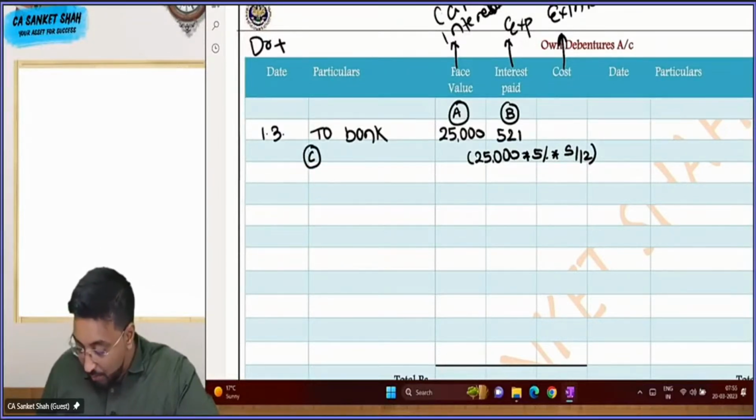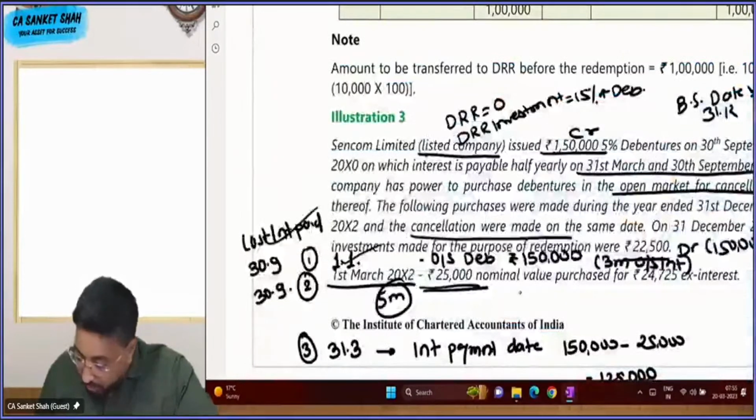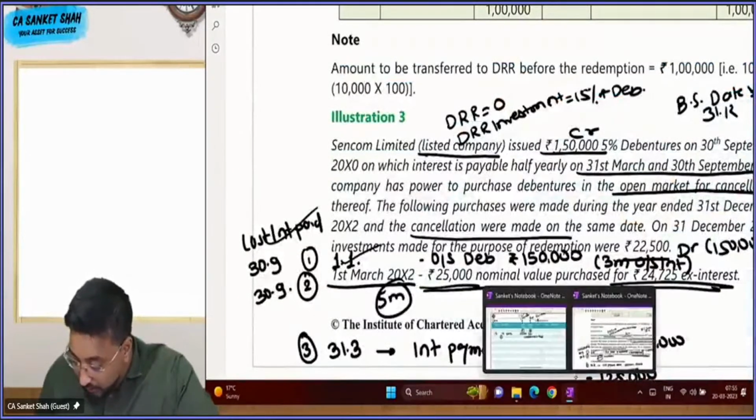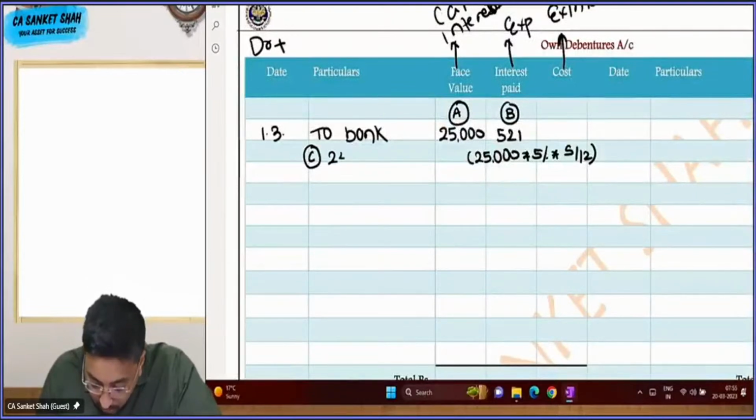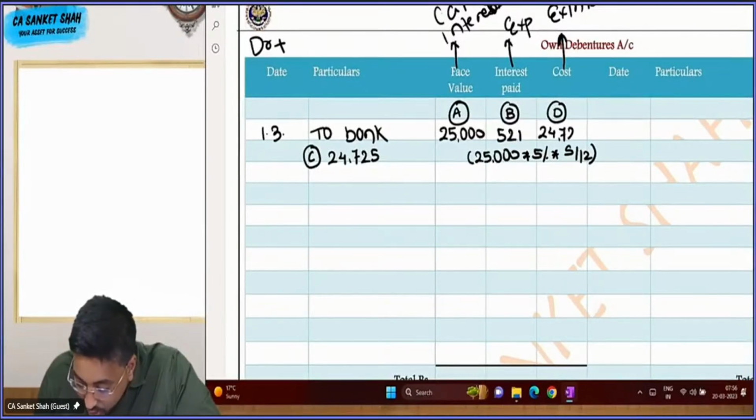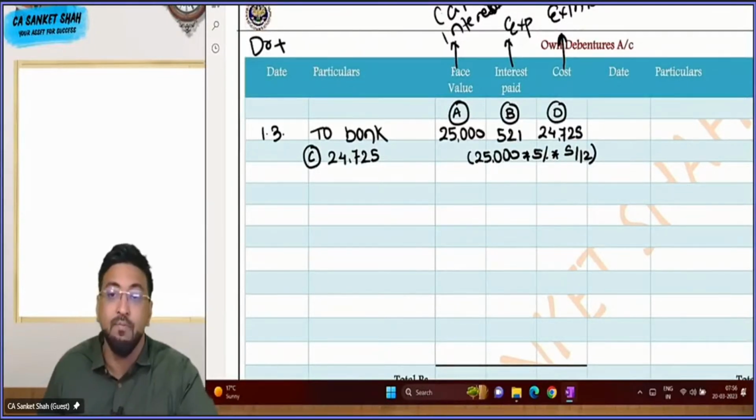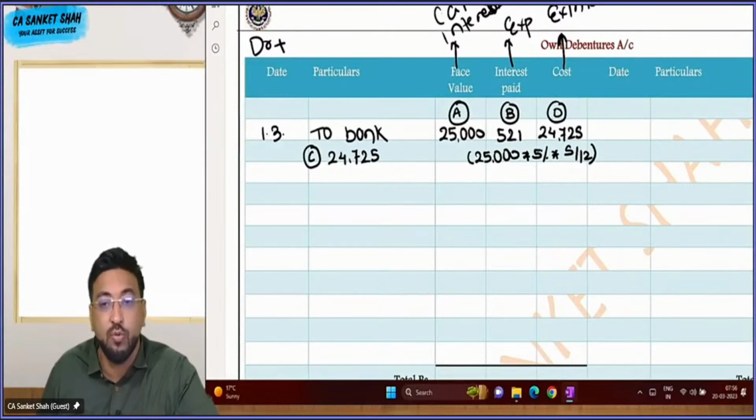Interest. Now after that, beta, in the inner column what are we going to write? 24,725. So sir, inner column में हम लोग लिखेंगे 24,725, and D column, beta, is as it is ex-interest, so don't deduct interest from this. So 24,725 you are going to answer it.